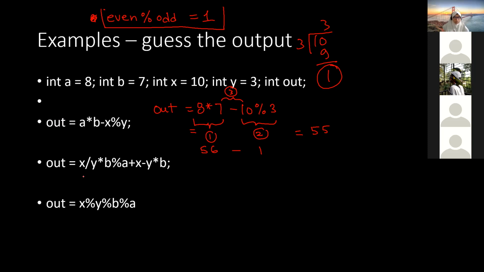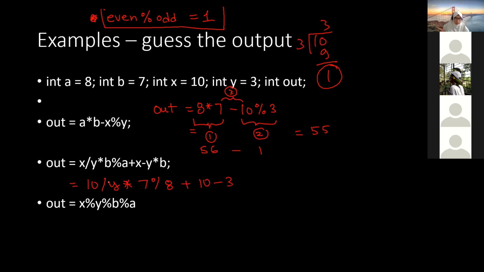All right, now let's see the next example. X divided by Y times B modulus A plus X minus Y. X is 10, B is 7, A is 8, Y is 3.